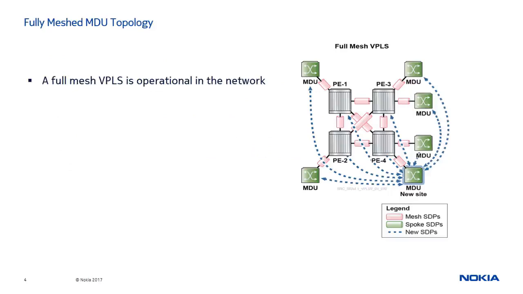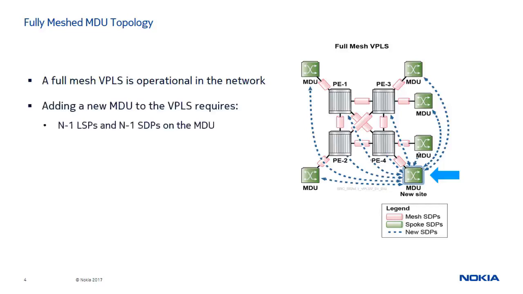Okay, so when a new MDU is added to a fully meshed VPLS, and the MDU supports IP-MPLS, the VPLS is extended to the MDU, allowing each customer to be connected directly to their own VPLS. This, however, would require the configuration of N-1 LSPs and N-1 SDPs on the MDU, where N equals the total number of PE and MDU nodes.